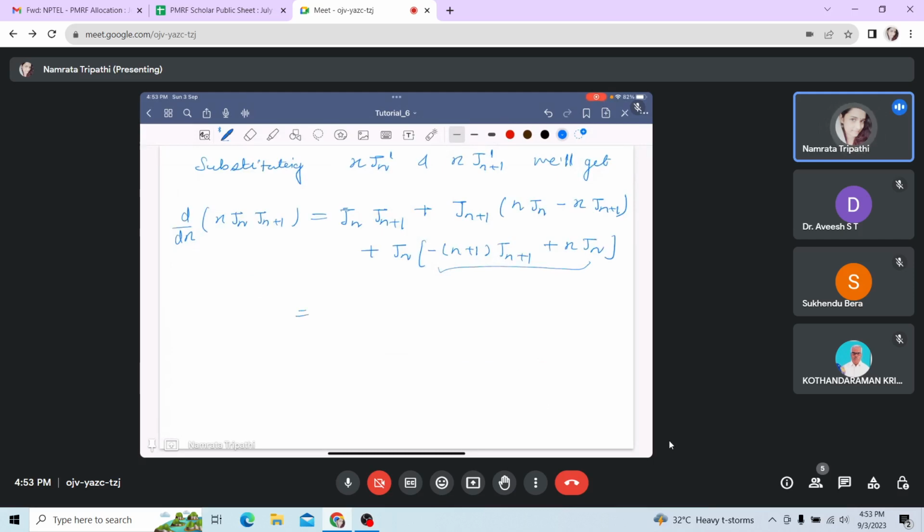Now you have to just simplify. So these terms will cancel out after taking x outside. So you will get the answer.